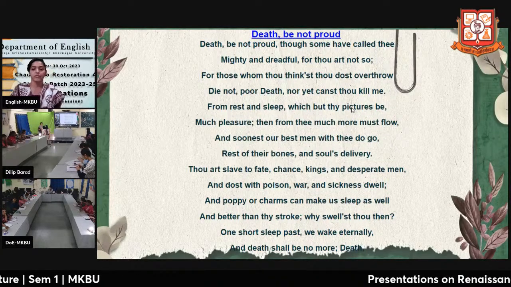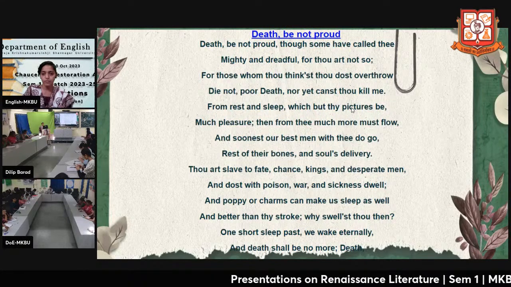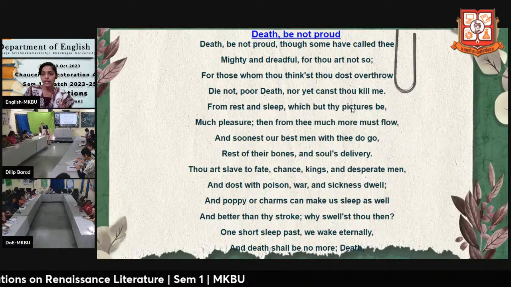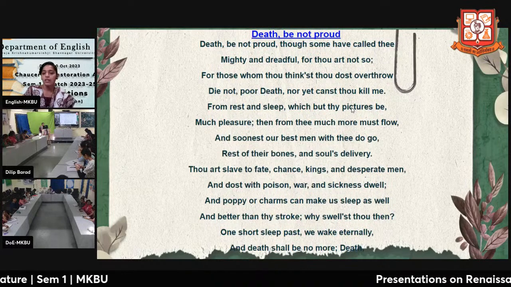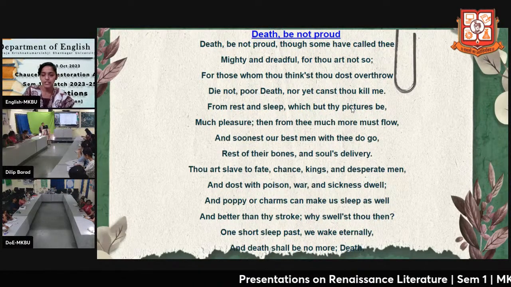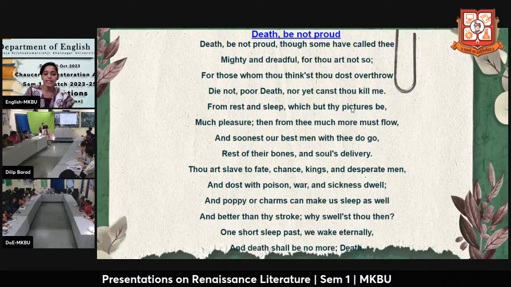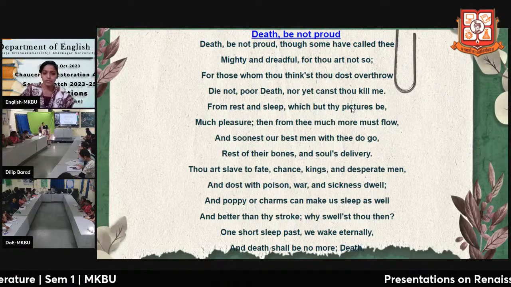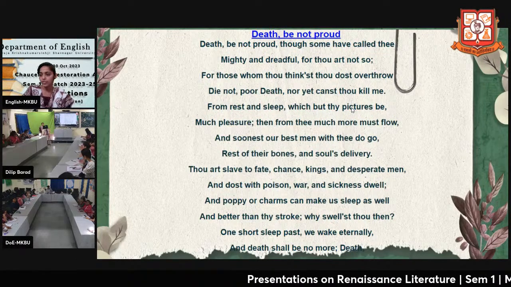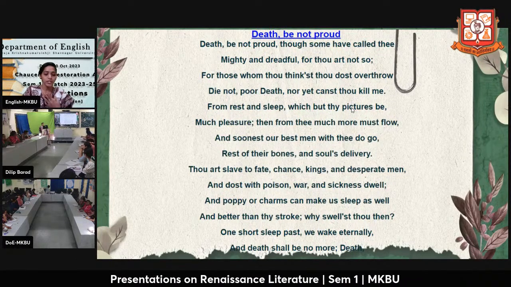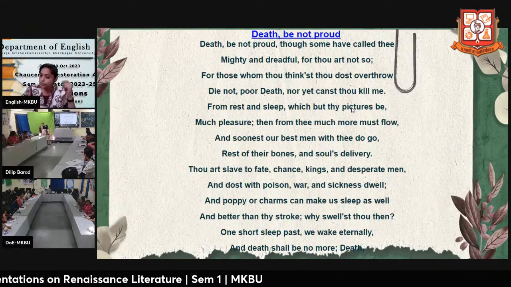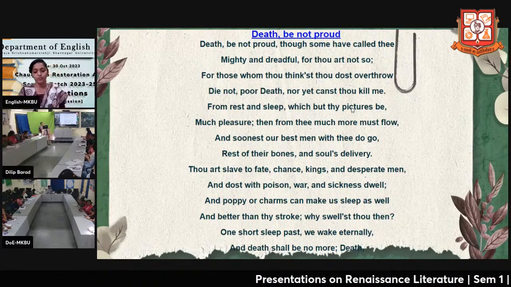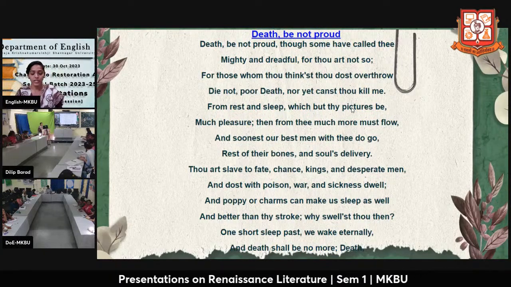The poet personifies death and says that death is a powerless and weak entity, and that it is not truly the end.